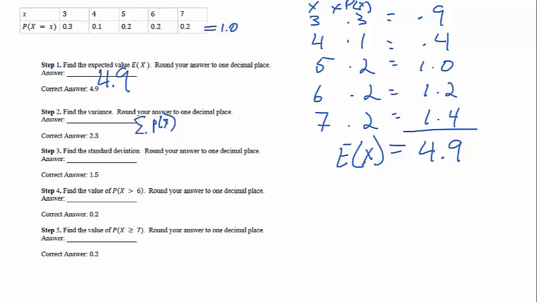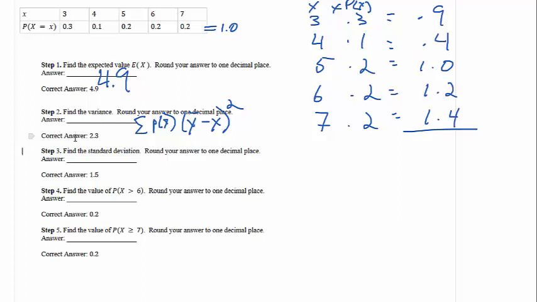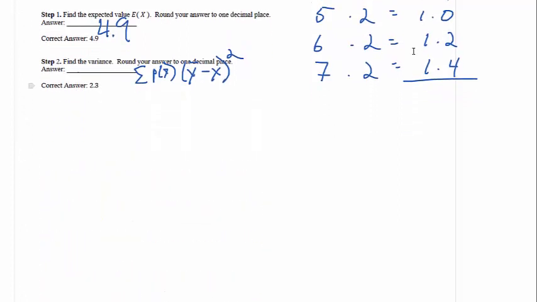We're going to add up the probability of x times x bar minus x squared. Let's keep this, because we know it's 4.9, over there. I should have made more space here. Let's just make a bunch of space and do it from scratch because that's the right thing to do.